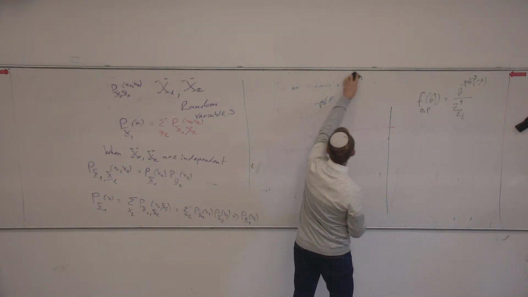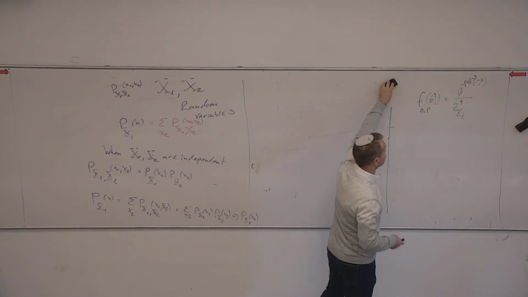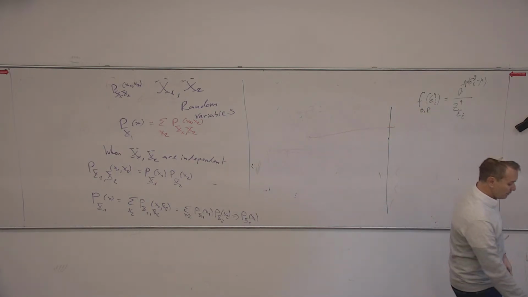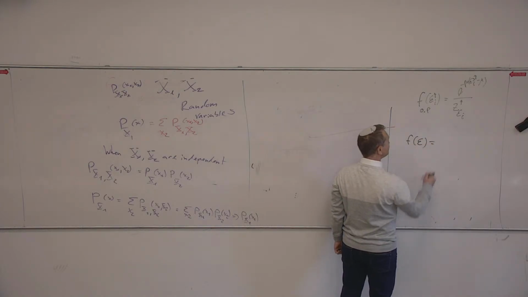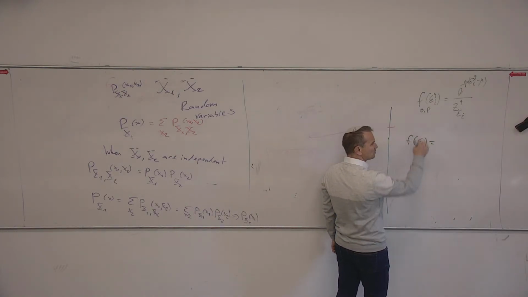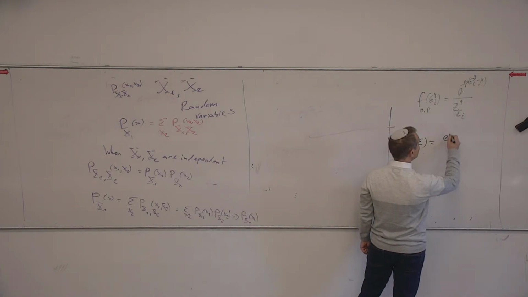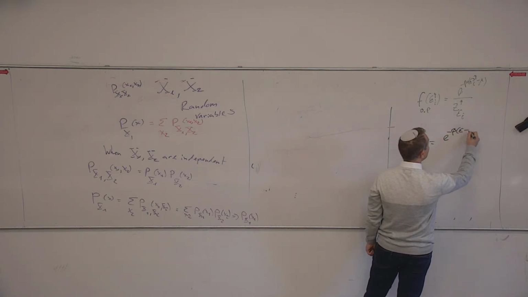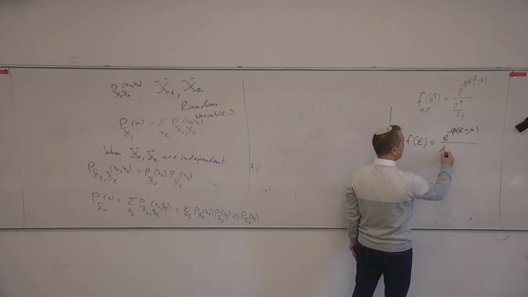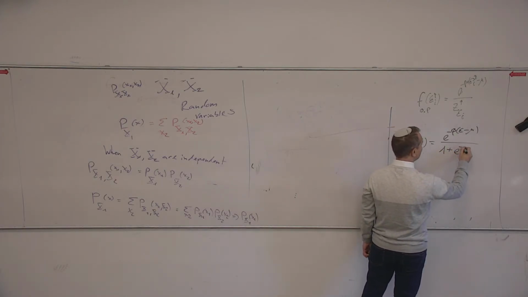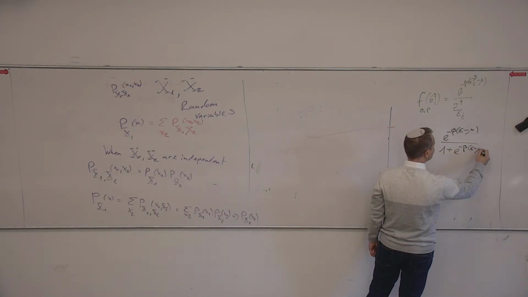So we choose a specific energetic level, epsilon. This f of epsilon, the occupation probability, is e to the power minus beta (epsilon minus mu), divided by 1 plus e to the power minus beta (epsilon minus mu).